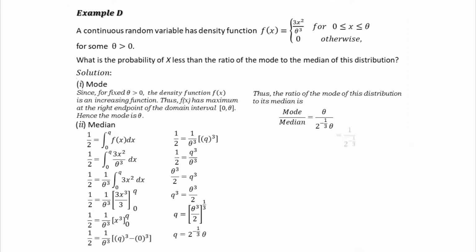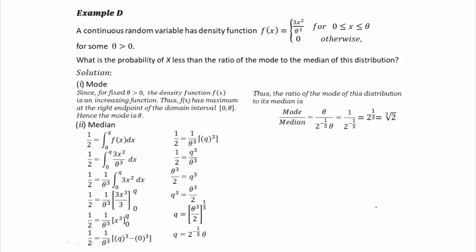And canceling the common factor, which is theta, from both numerator and the denominator, we have 1 over 2 to the power negative 1/3. And moving this denominator upward, we have a positive exponent here. So this is 2 to the power 1/3, which is equal to the cube root of 2 in radical form.